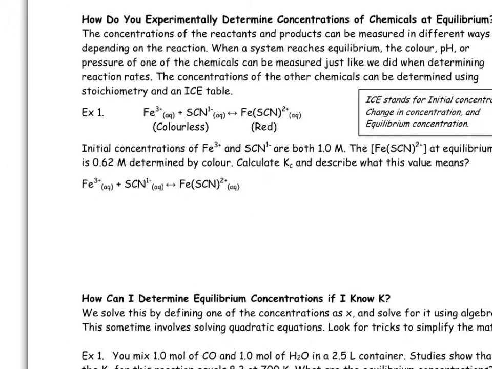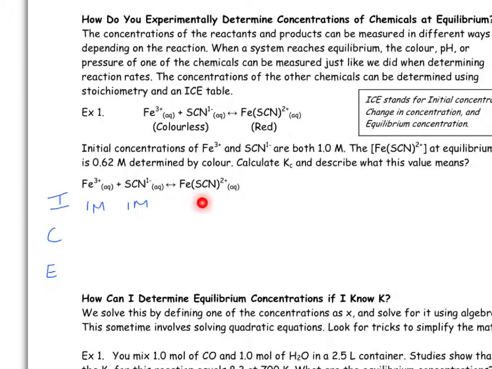ICE stands for the initial concentration, the change in concentration, and the concentration of your chemicals at equilibrium. Let's plug in what we know. Both of these are initially 1 mole per liter. In the question, we're not given any information about the initial concentration of this.